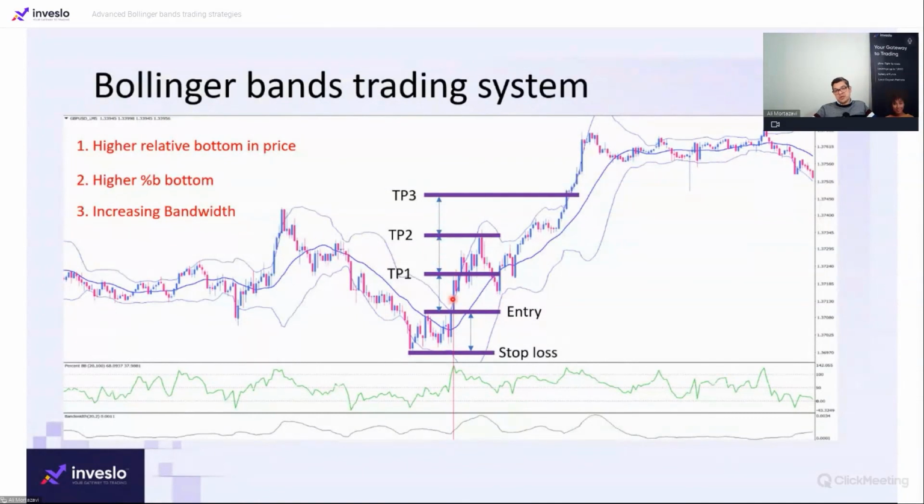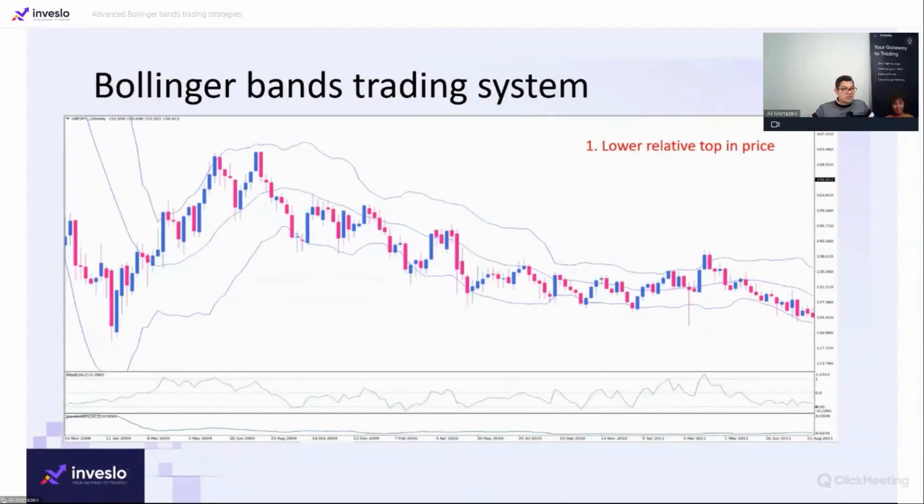For example, part of the trade at this level, and part of the trade at the TP2, and then we can close all the position at the TP3. Here we can have the 3-to-1 reward to risk ratio, and also we can have it for this as a sell signal.